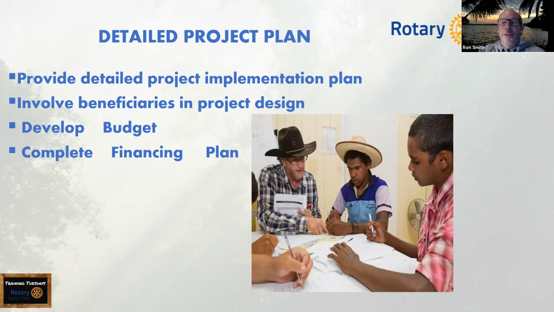It's good to go in there with a straw man budget, and then with your partner you can develop that, or you can submit a draft to them and they can correct it, because in Uganda it's 3,600 Ugandan shillings per US dollar. So they know how many shillings it costs, and we just do the conversion if you know the local currency exchange. So, next slide.